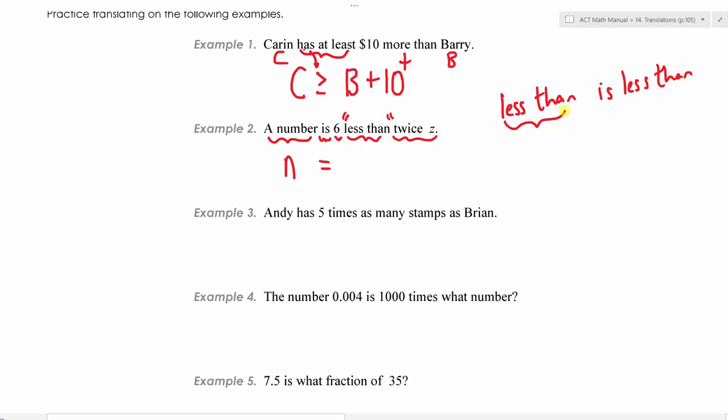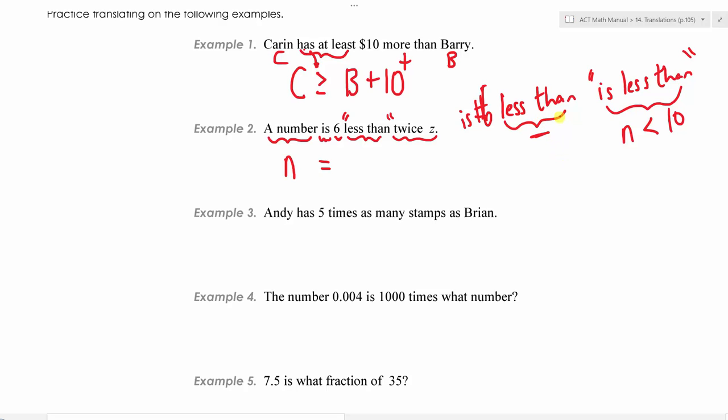If you see a number before less than, as in is 6 less than, versus just a solid is less than, it's different. The latter translates to the less than sign, like N is less than 10.